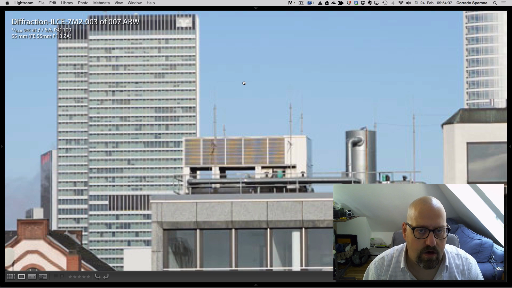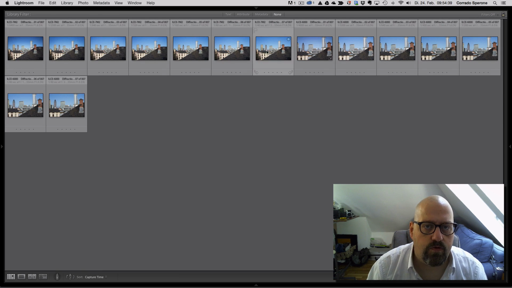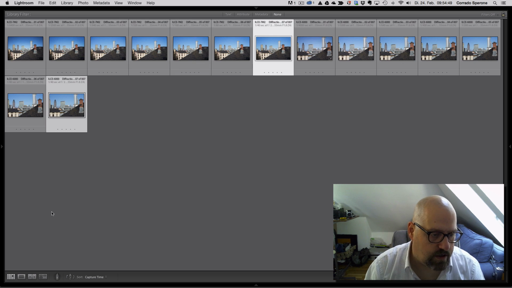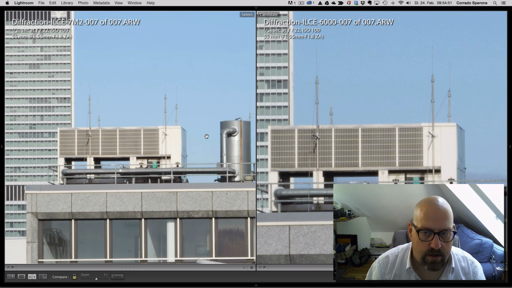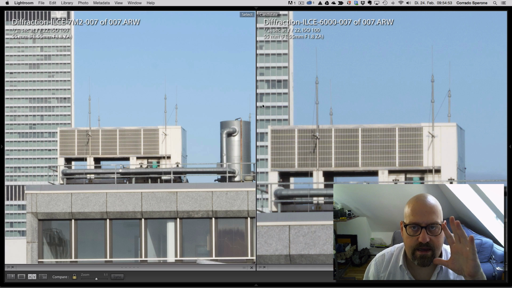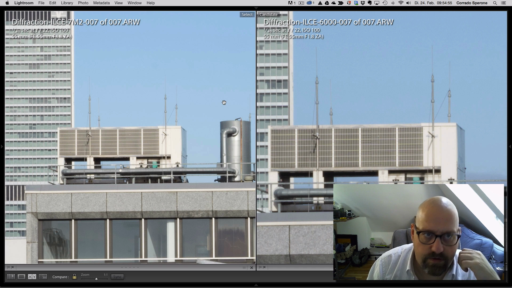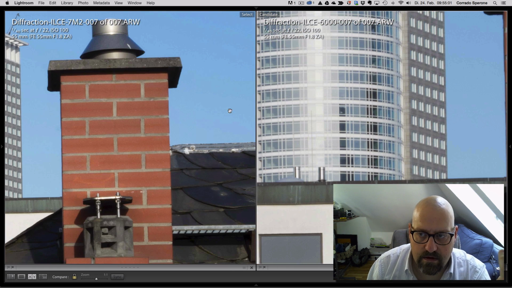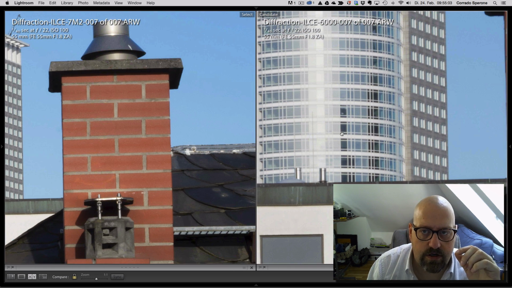And now let's have a look at the actual degradation. If we take the f22 and the f22 on the other sensor and compare them 1 to 1, and do take into consideration that the perspectives are different, like the sensor size is different.